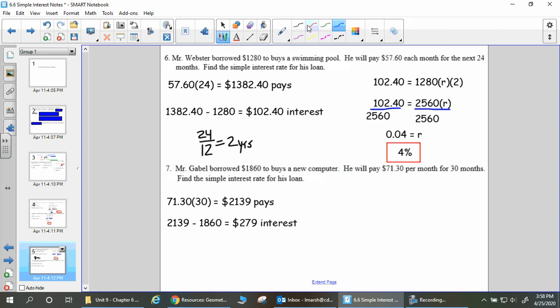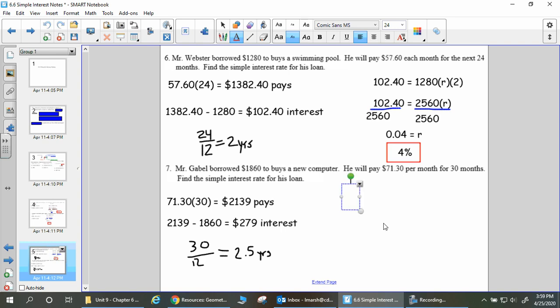If you also want to jot down, we're going to need to take the 30 months and divide that by 12 months in a year. This one is 2.5 years, just to be clear. So that's going to need to go into our formula.